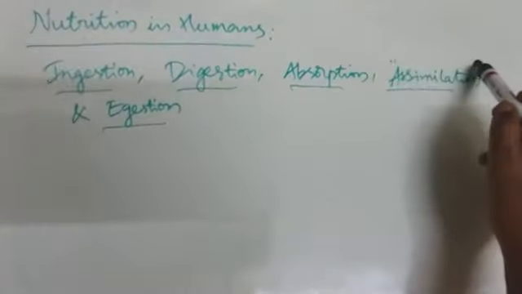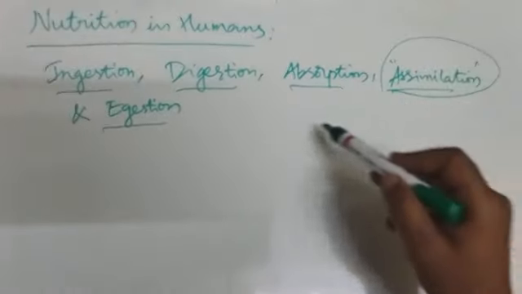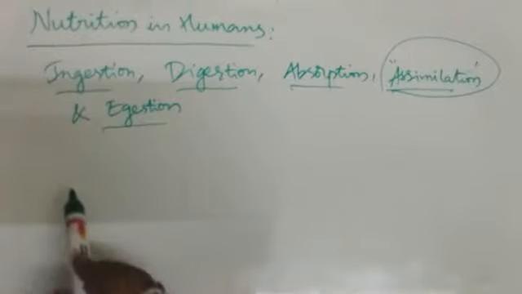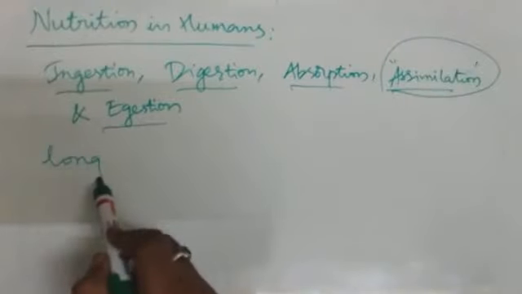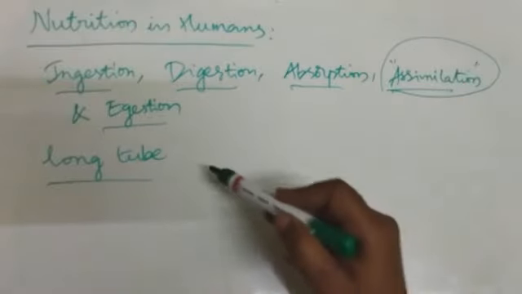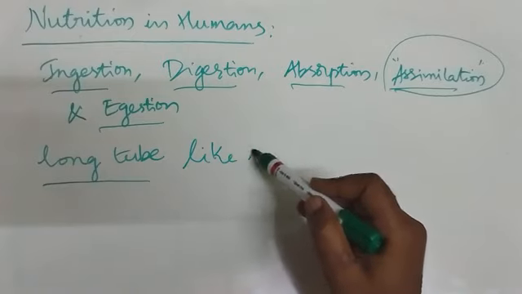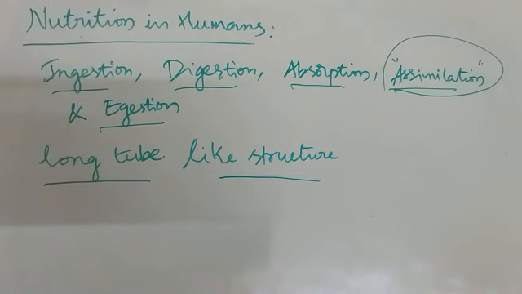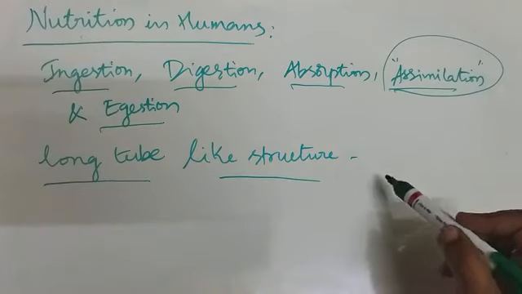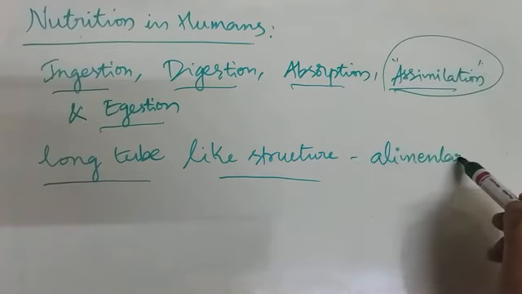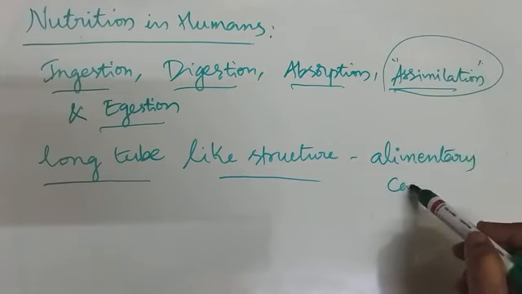Except assimilation, the remaining 4 processes are carried out in a long tube-like structure. The long tube-like structure in which the nutrition process in human beings is carried out is called the alimentary canal.